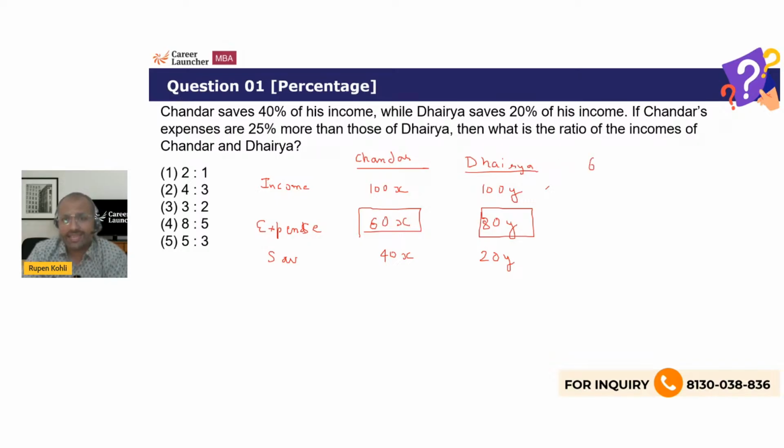So 60x is equal to 5 by 4 times 80y, right? So this should give us something. 4 cancels 20 into 5. This is 100y. So therefore, I think that's the answer. What is the ratio of the incomes? Which is the ratio of x is to y, isn't it? So 60x equals 100y, or x by y is 100 by 60. 20 can be cancelled, and we get the simplified ratio as 5 is to 3. So that's your answer, fifth option.